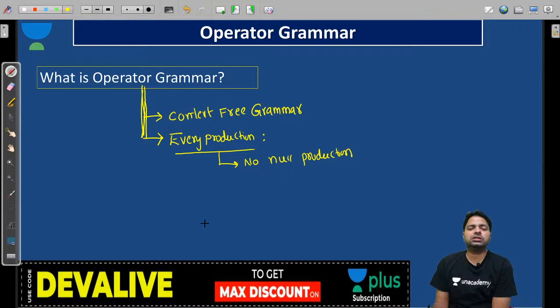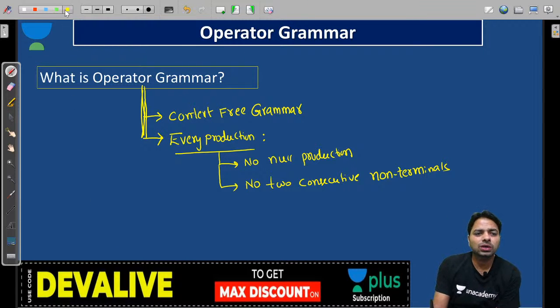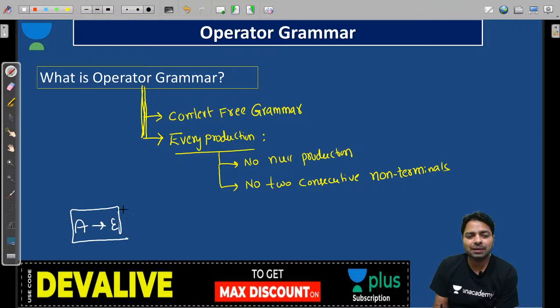There is no null production in the grammar, and you should not have two consecutive non-terminals in the production. It's just like you should never have a production like something to epsilon. It should never be present in the grammar.